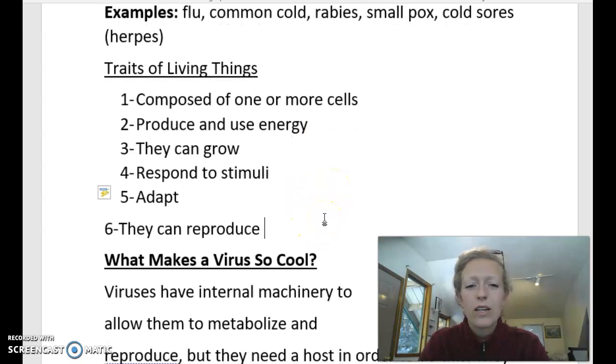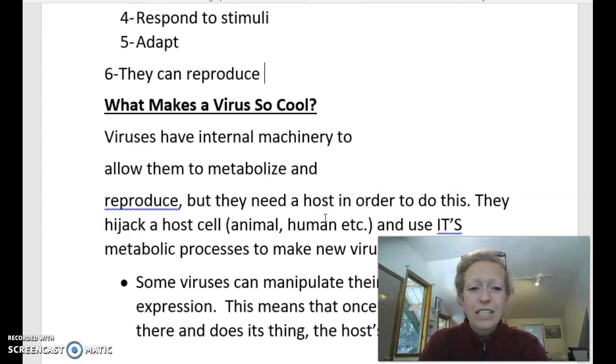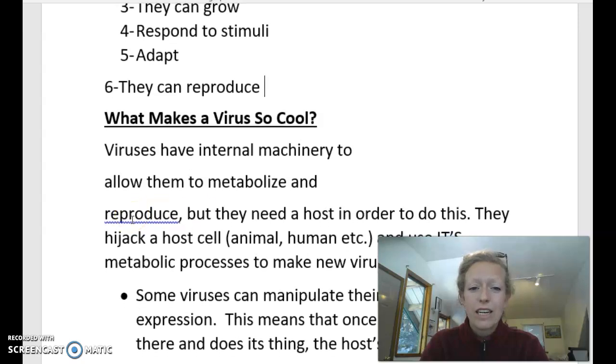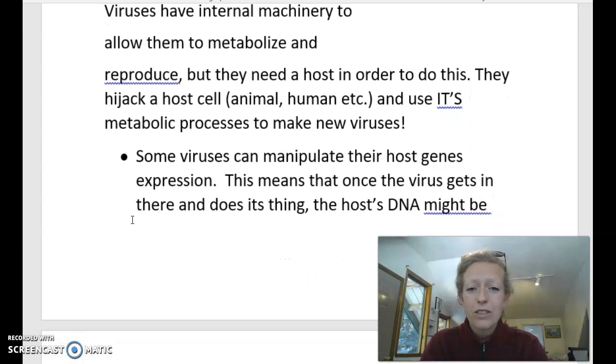Okay, so viruses, though, are in this middle ground like we kind of discussed. Viruses have internal machinery that allows them to metabolize and reproduce, but they need a host in order to do this. A host could be like an animal, it could be a human. The virus could adapt or evolve, and then the host could be a human.